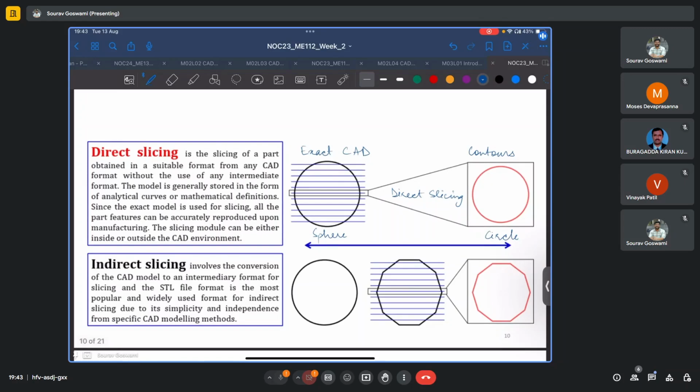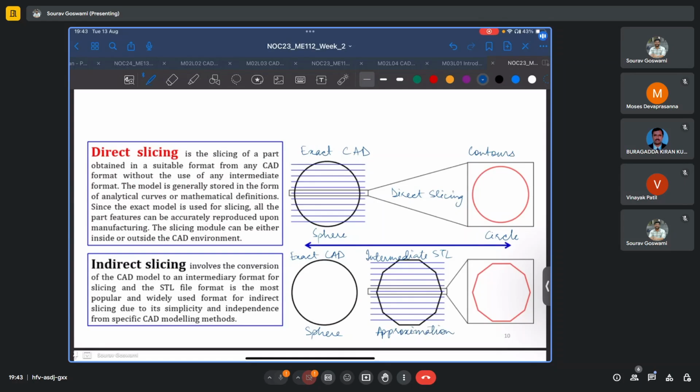In the case of indirect slicing, again we start from the exact CAD, but the slicing operation does not take place on this exact CAD model itself. We first transform it or convert it into an intermediate STL. And now we no longer have the exact geometry with us. Now this is an approximation of a sphere.